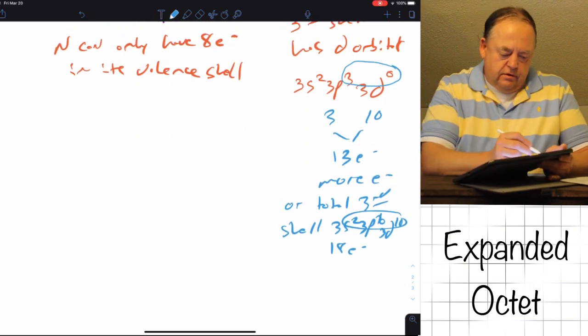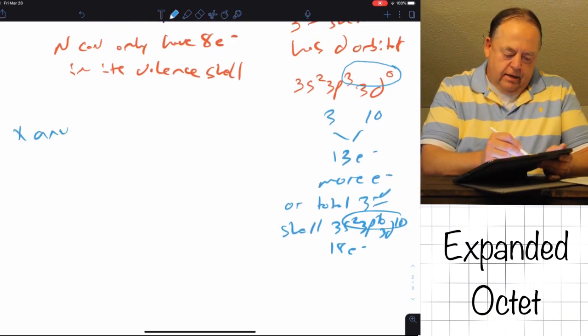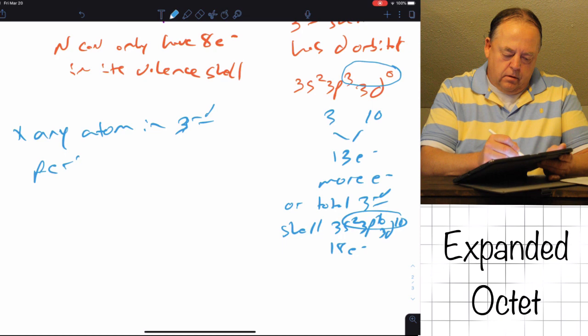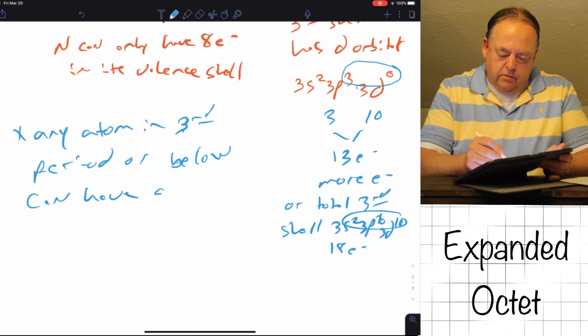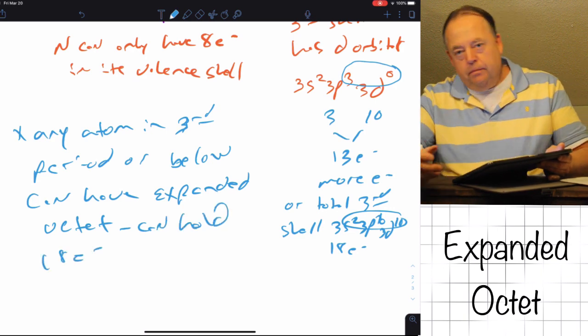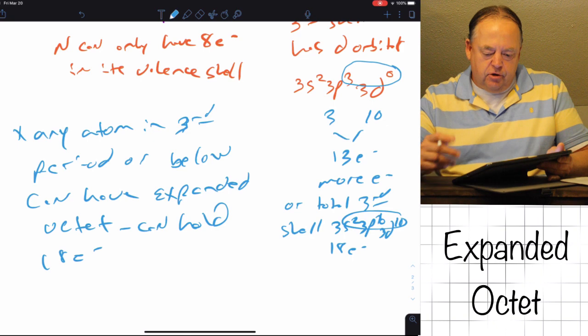So basically, any atom in the third period or below can have what's known as an expanded octet. It can hold up to 18 electrons instead of 8 electrons.